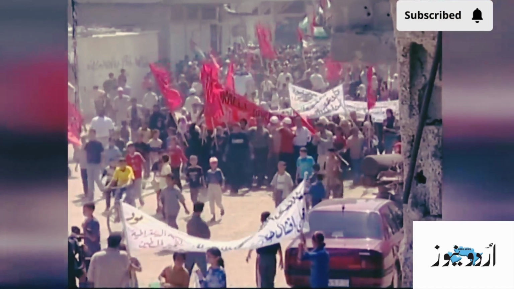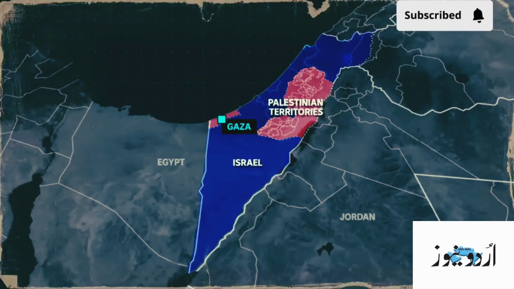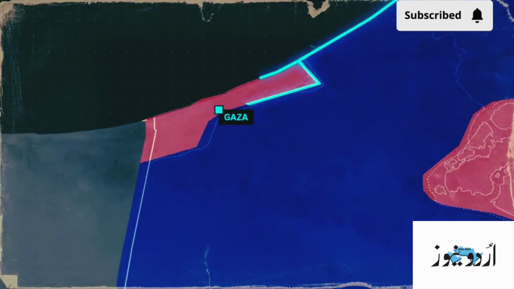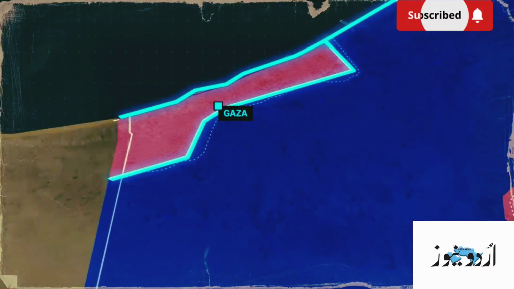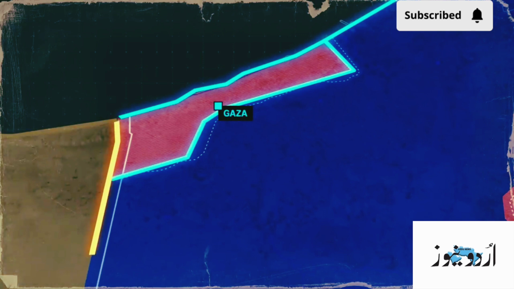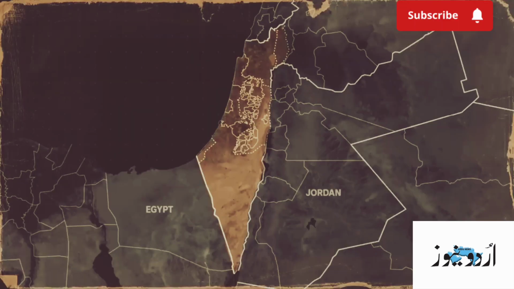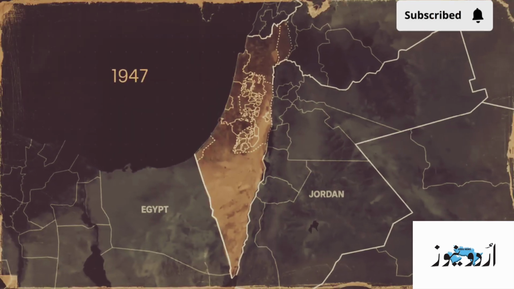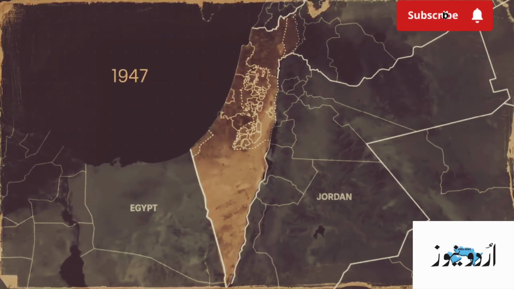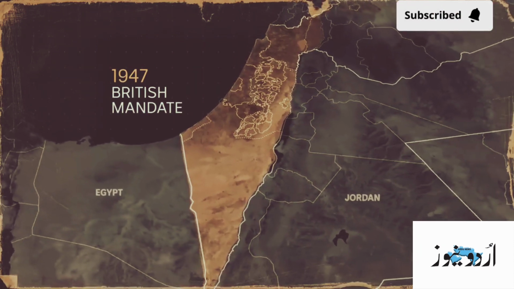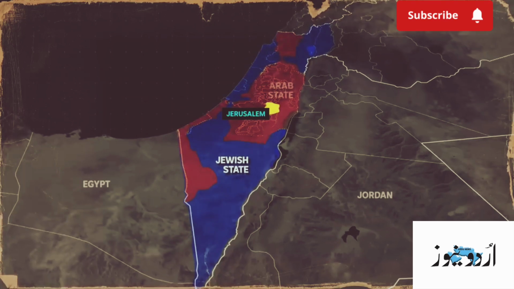The fighting ended in 1949 with a series of ceasefires, producing armistice lines along Israel's frontiers with neighboring states, and creating the boundaries of what became known as the Gaza Strip, occupied by Egypt, and East Jerusalem and the West Bank, occupied by Jordan. The surrounding Arab states refused to recognize Israel, meaning its borders remained unset.